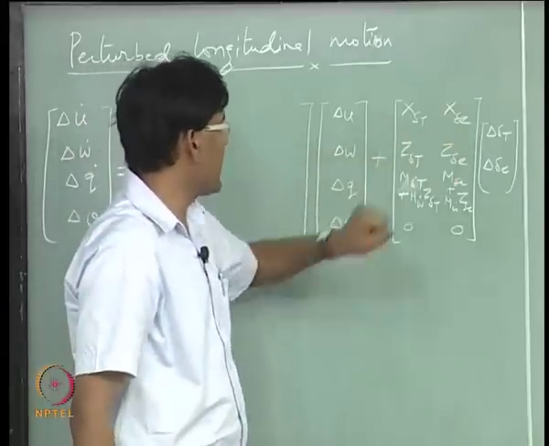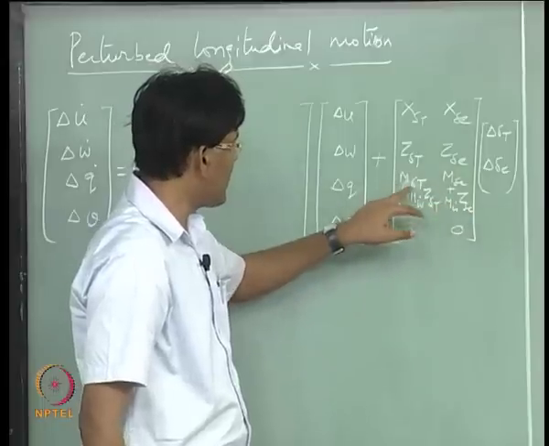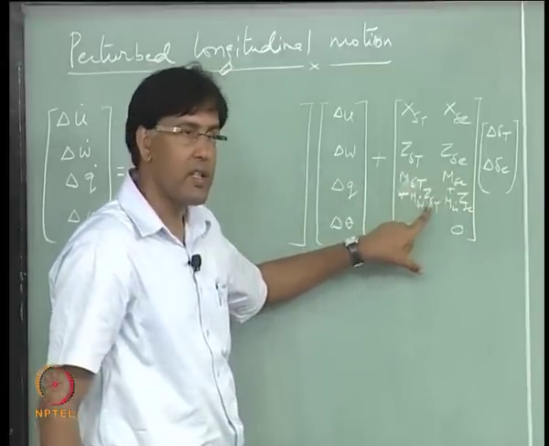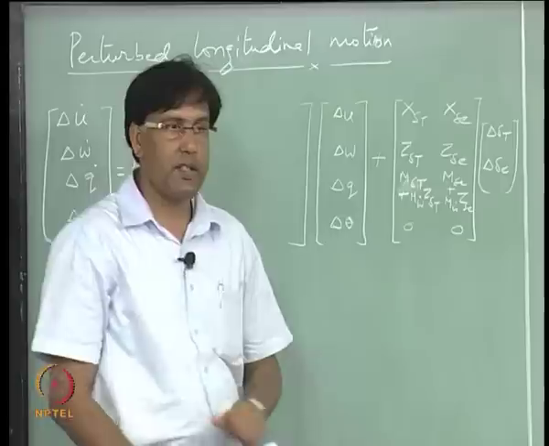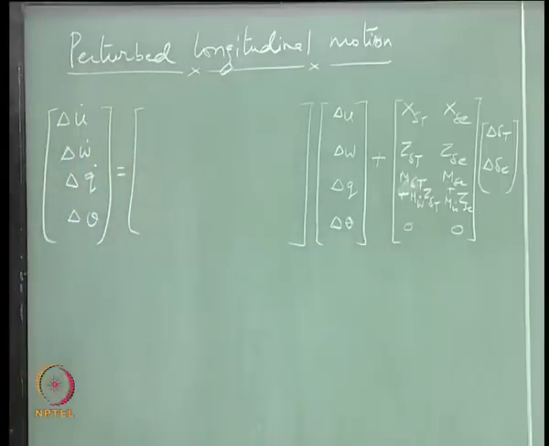X delta t, x delta e, z delta t, z delta e, m delta t plus m w dot z delta t, m delta e plus m w dot z delta e, and 0 0.